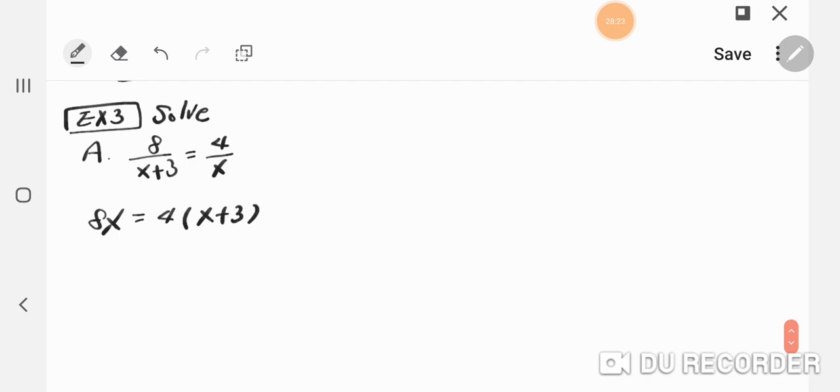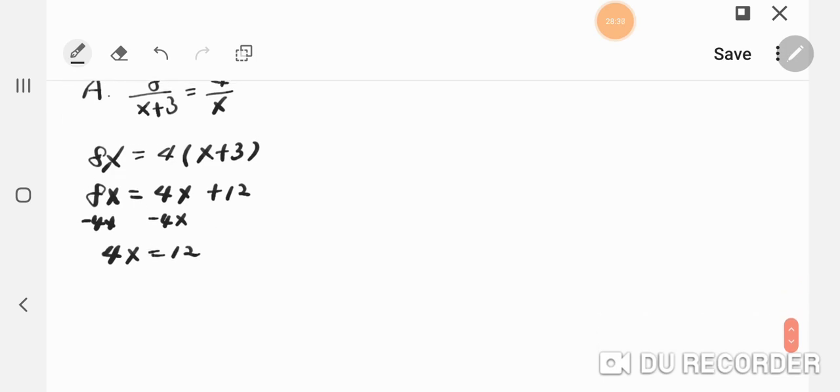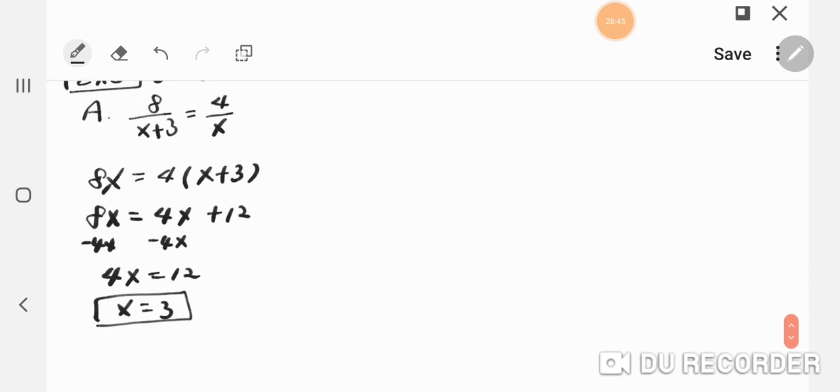So 8x is equal to 4x plus 12, and minus 4x each side, so that 4x is equal to 12. Then divide each side by 4, so x equals 3. We found x equals 3, and 3 is okay because 3 does not make the denominator 0.